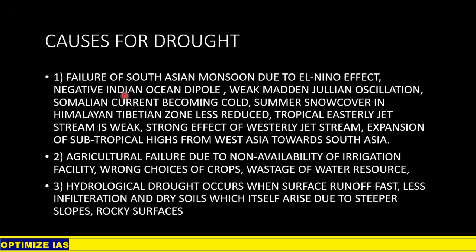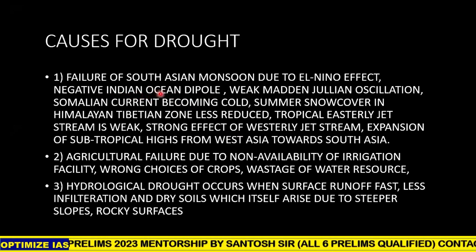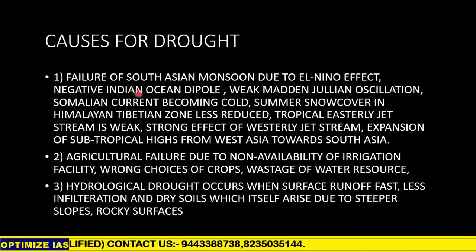Negative IOD means Arabian Sea waters are cooler than the usual situation, than the Bay of Bengal. As a result of that, your southwest monsoon gets weaker because of cooler Arabian Sea water. What does it mean? Less cloud formation and less pushing of these clouds by the southwest monsoon towards India.